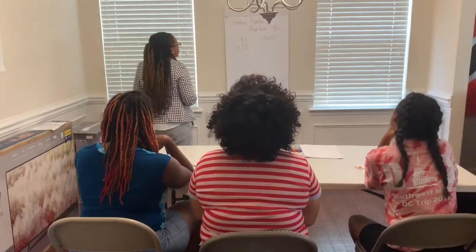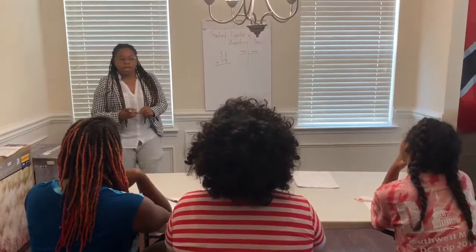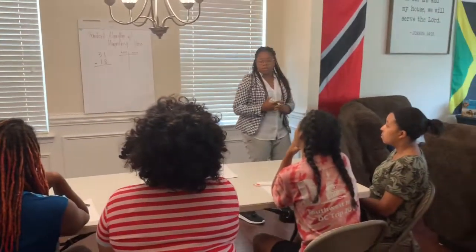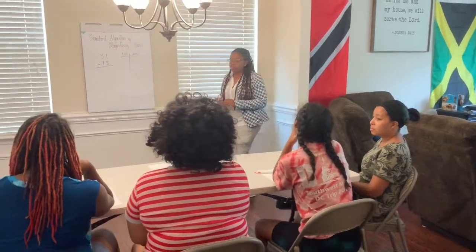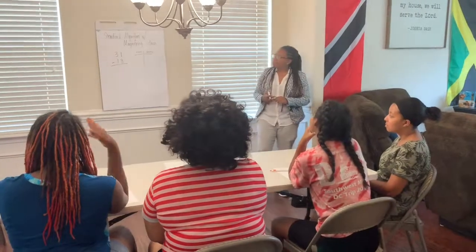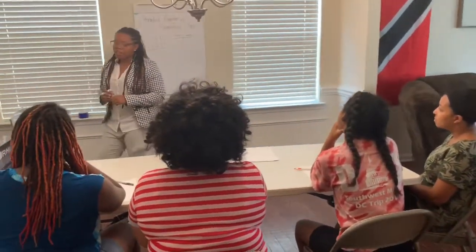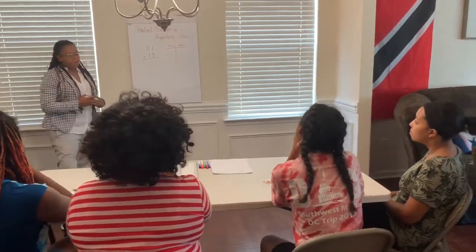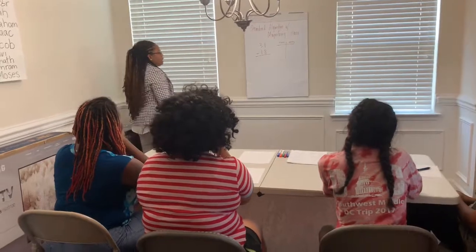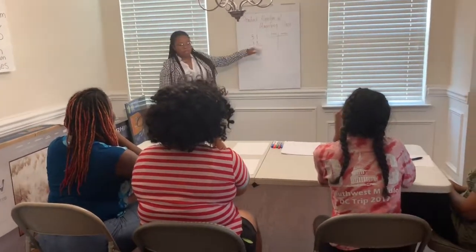Looking at this equation, 31 minus 18, which number is our whole? 31 is our whole, absolutely. It's the biggest number. And what is our part? The 18. And what are we trying to find? The answer, or the missing part.